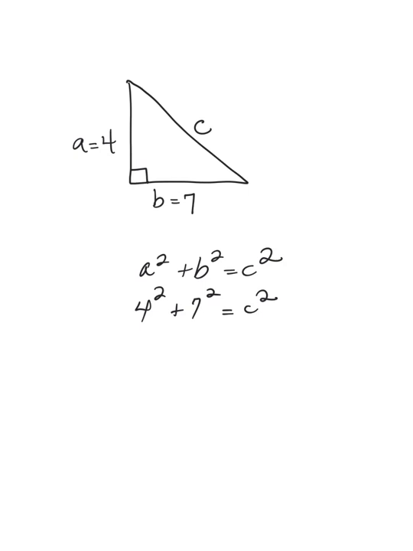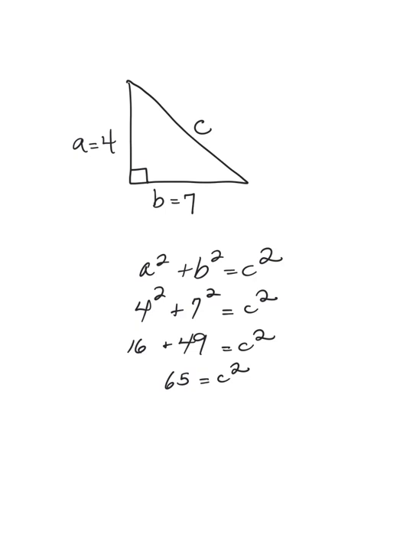4 squared, or 4 times 4 is 16. 7 squared is 49 equals c squared. And when I add 16 plus 49, I get 65 equals c squared.